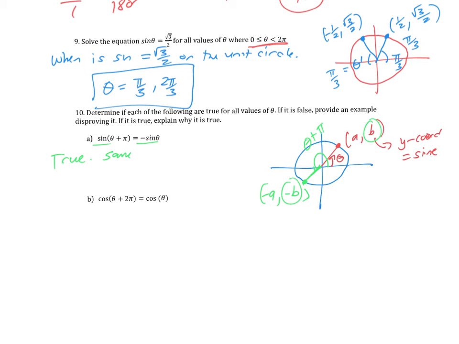They have the same reference angle, which means that the absolute value will be the same, but the angles are in quadrant 1 and quadrant 3, or it could also be quadrant 2 and quadrant 4 if we had chosen an angle originally in one of those quadrants.